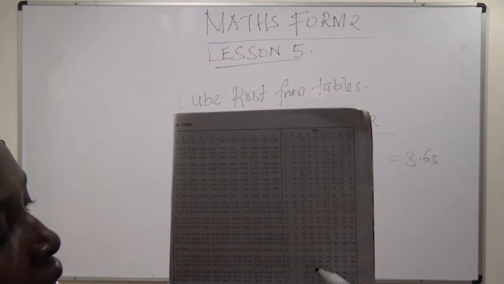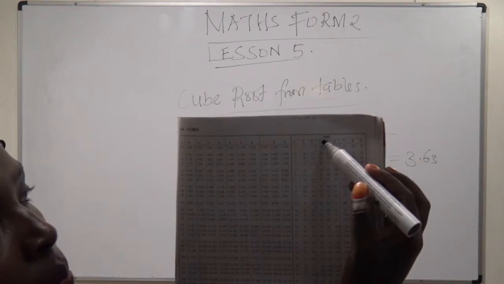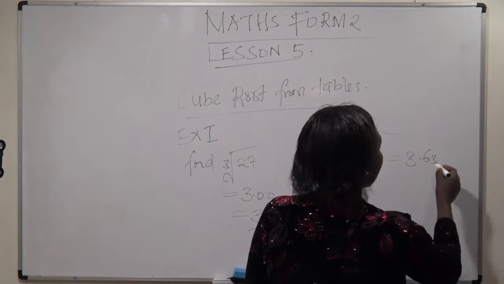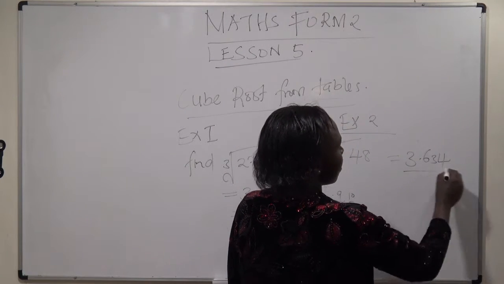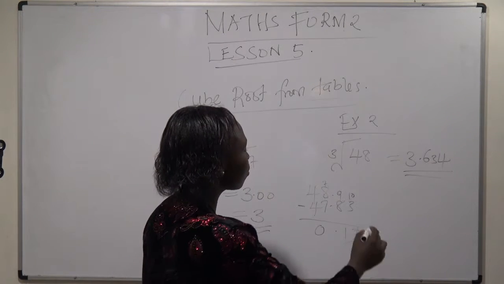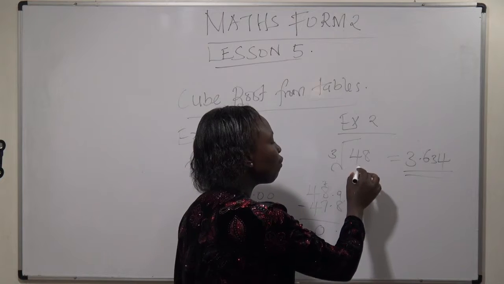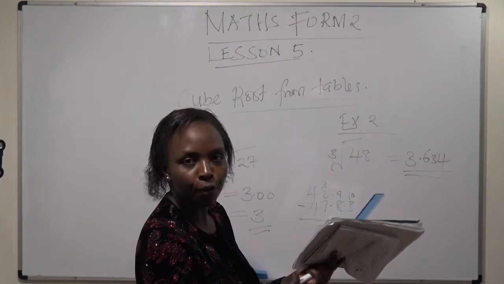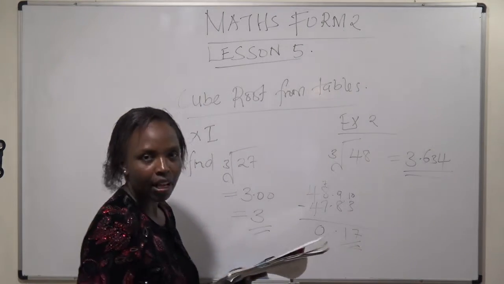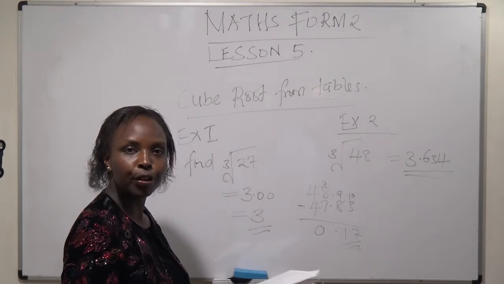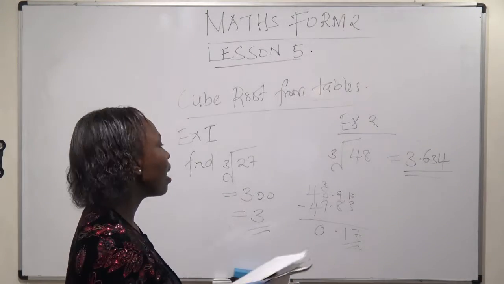You can see 16 here, and the number corresponding to that is 4. So I just write down that 4 there. And that is the cube root of 48. So the cube root of 48 is 3.634.